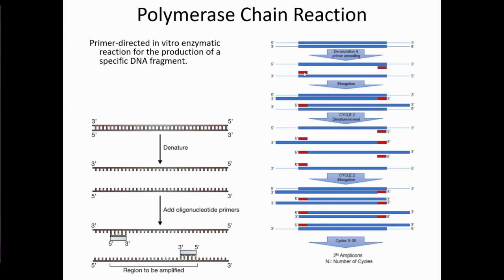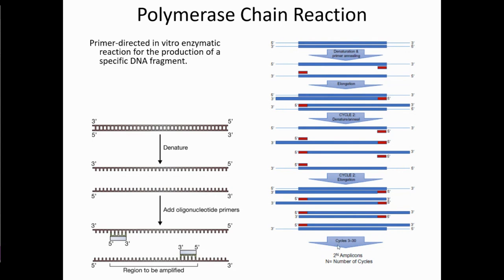Once they adhere, they can perform the DNA synthesis to amplify the DNA. So that's one cycle, and then you can repeat these 3 steps again and again for 20 to 30 cycles, or 40 cycles, so that you can amplify many copies. We call it amplicon.